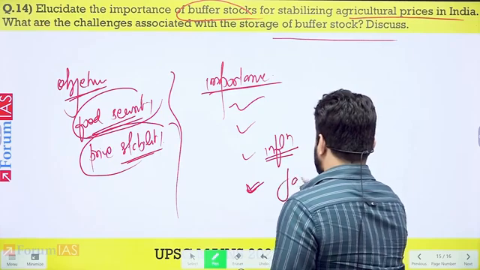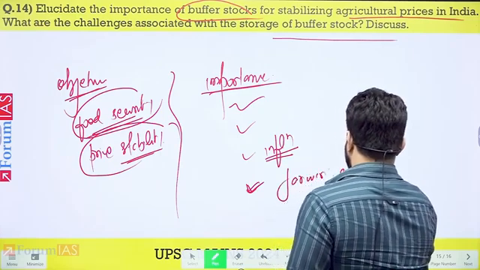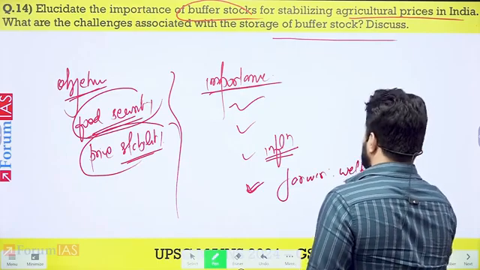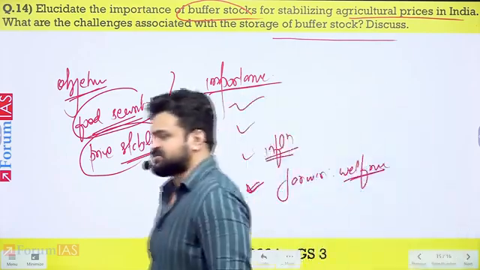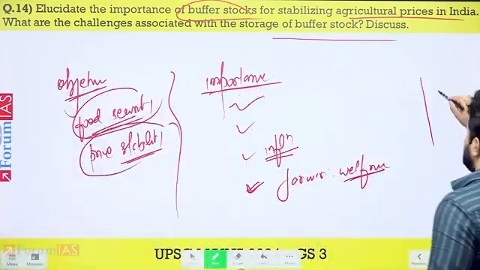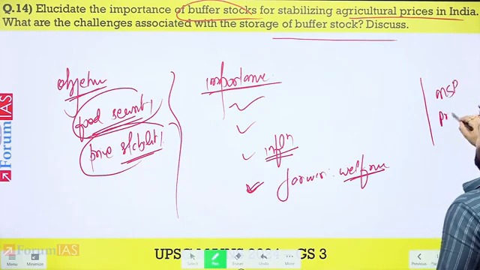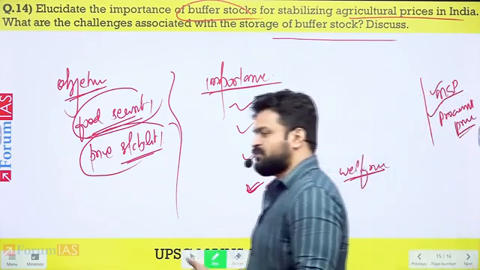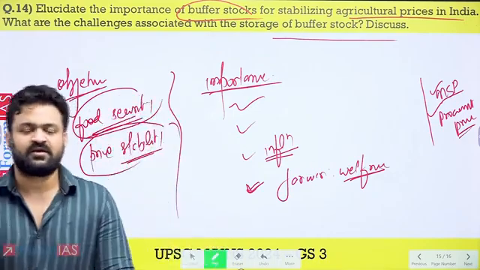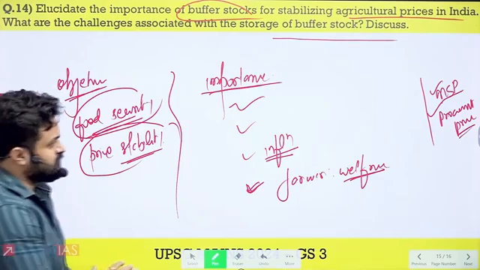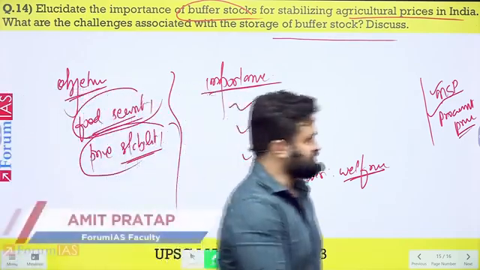Then farmers' welfare is also something that is achieved through buffer stocks, because buffer stocks are maintained by procuring the grains from the farmers either at MSP or procurement price. Okay, where procurement price mainly aims for targeted procurement so that government could run PDS or other welfare schemes.